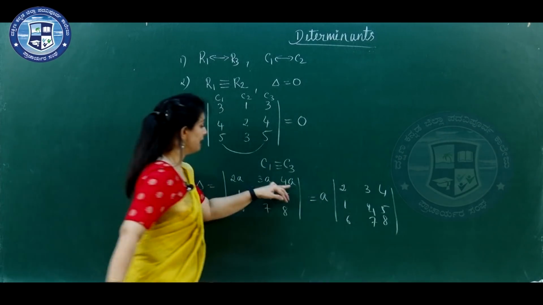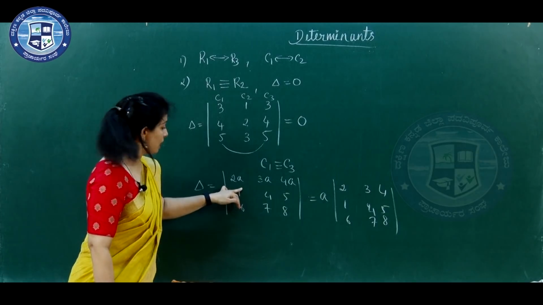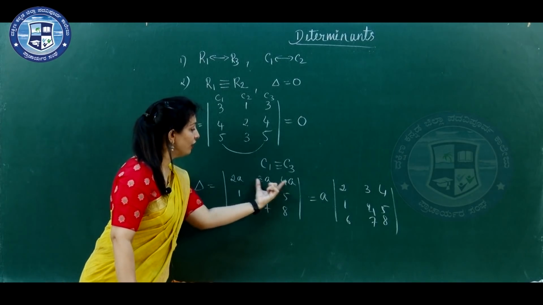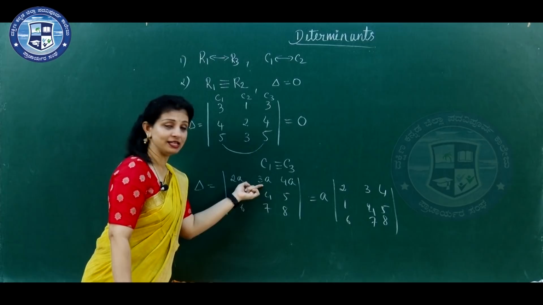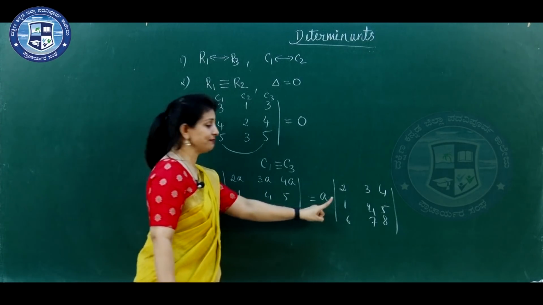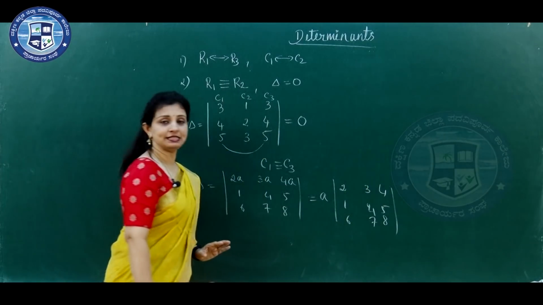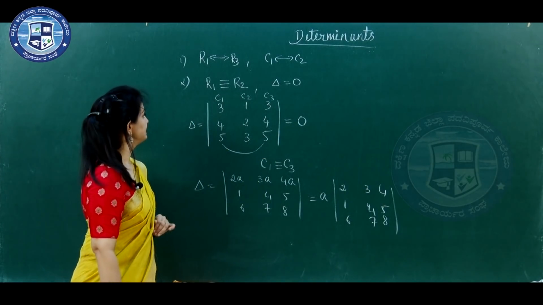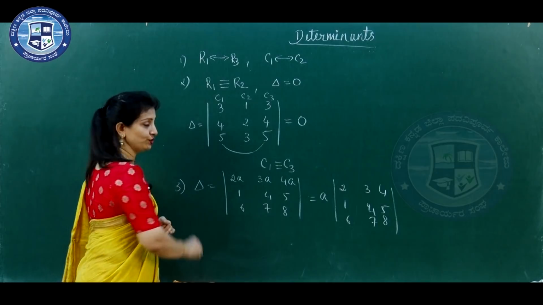So a number which is a common factor of any row or any column can be taken out of the determinant. That is the third property which you should know very well.